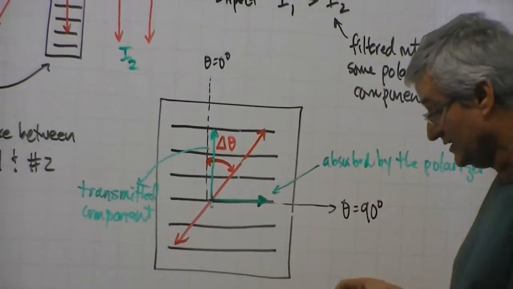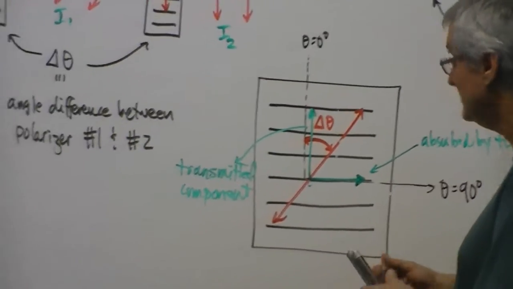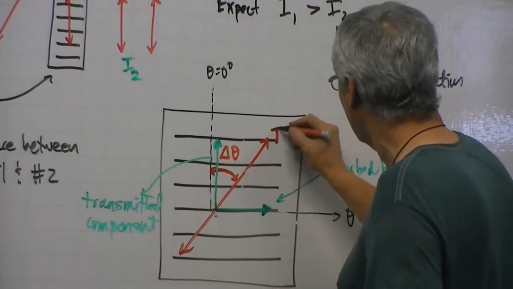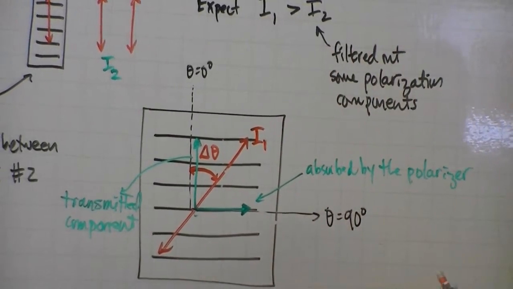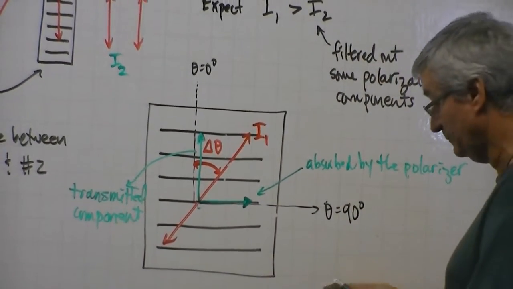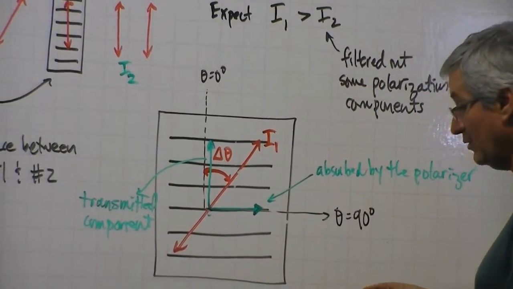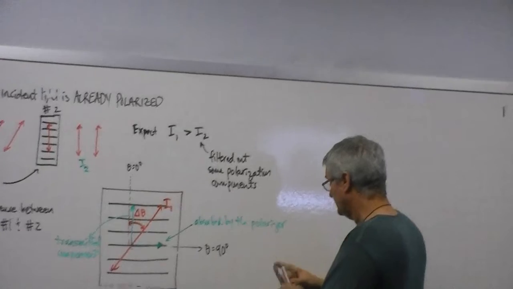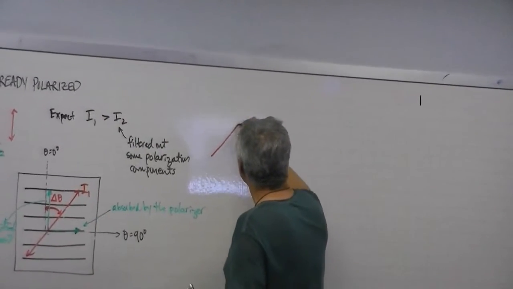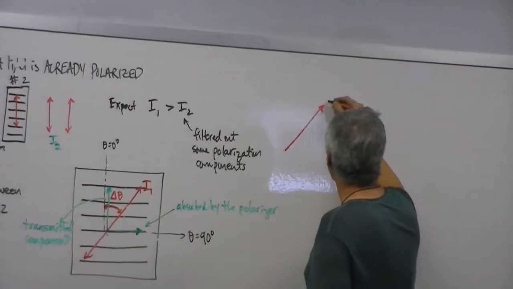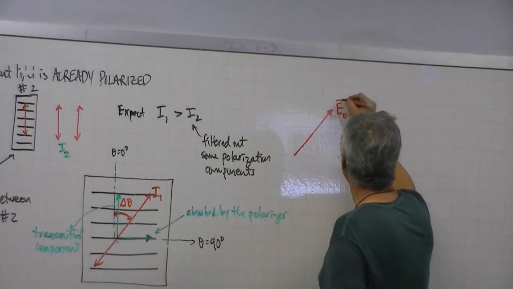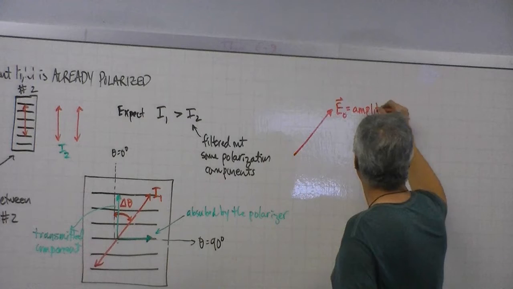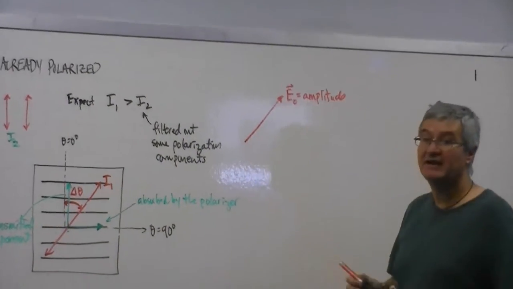So when I look at this thing here, if the intensity that is coming in is this guy called I1, what you're going to find here, I'm going to now look at the amplitude. So if I redraw that triangle, this is what I get. I get this guy right here, and this is the amplitude, and that amplitude is a vector.